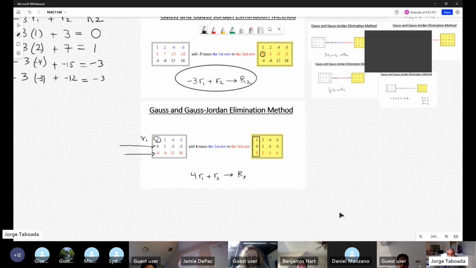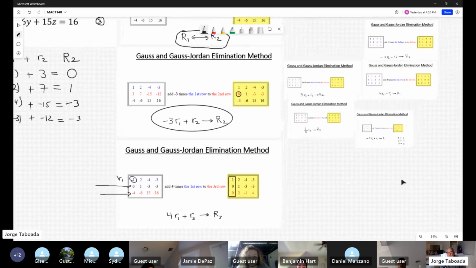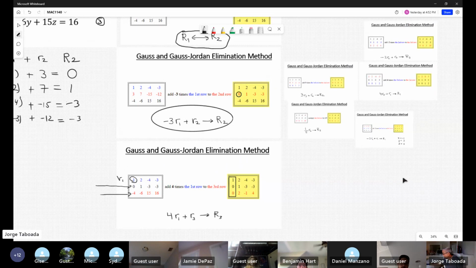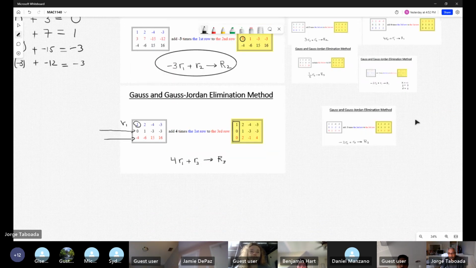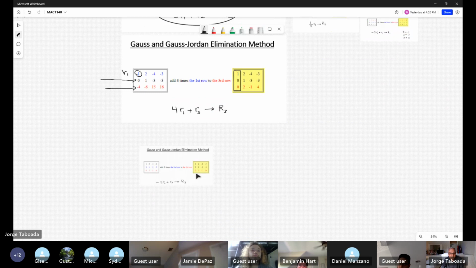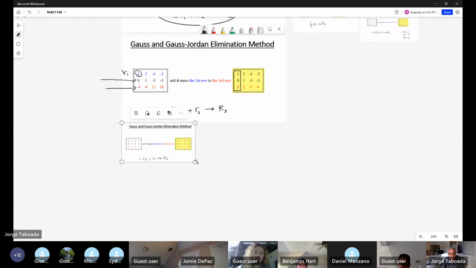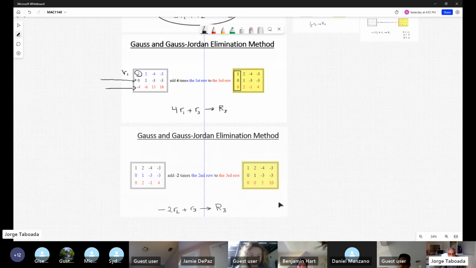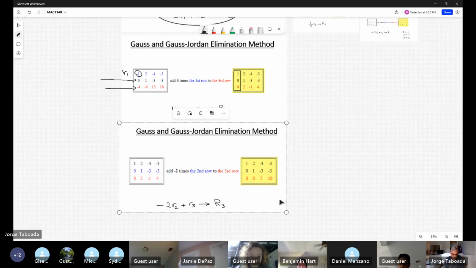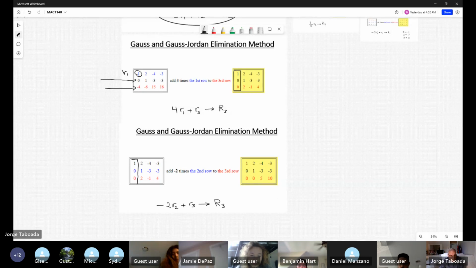Okay, second pivot is, there you go, it's this. Okay, remember, so far in the previous step, we finished the first column.